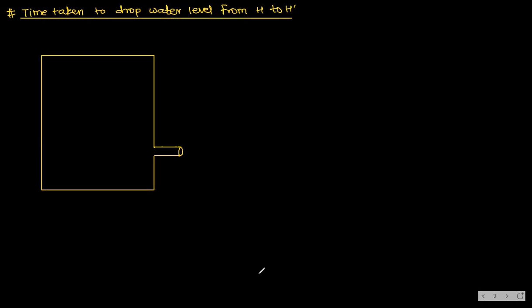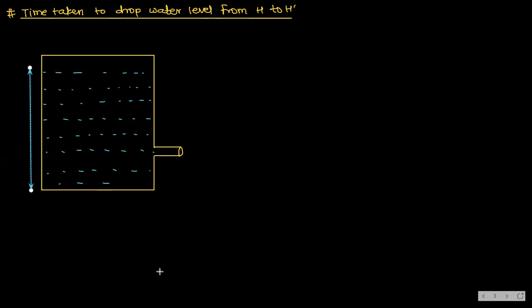Now let us suppose this tank is filled till height H. Okay, this is height H, and suppose here it will drop to H dash, means still here.